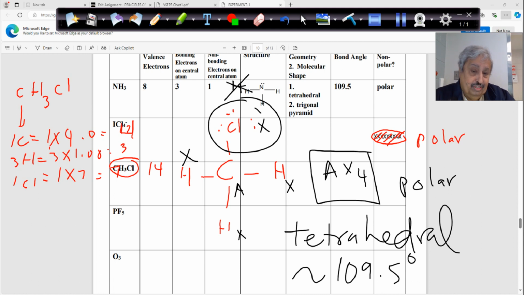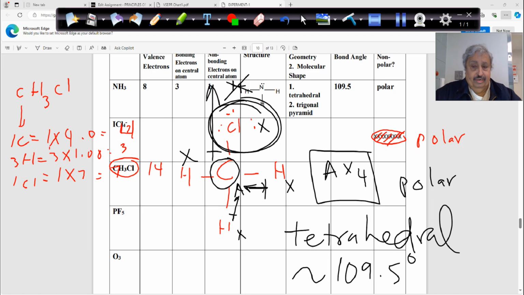It's polar because chlorine has different electronegativity from carbon. Those dipoles will cancel themselves out, but then all will pull the molecule toward the most electronegative chlorine, correct? And you have no non-bonding, so you have 4 sets of bonding, single bonds.